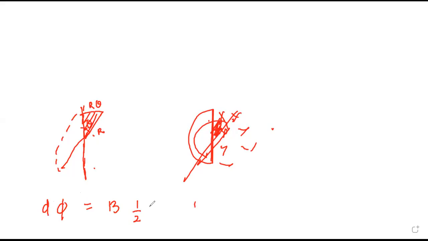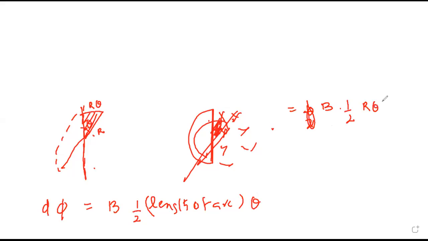Half of length of arc into radius, half LR. Half of length of arc is R theta, so it will become half B R square into theta.